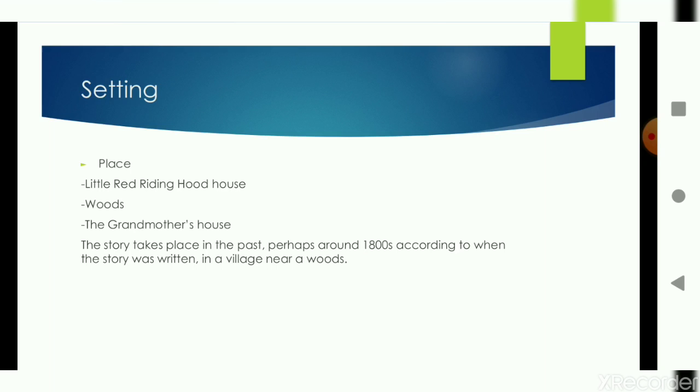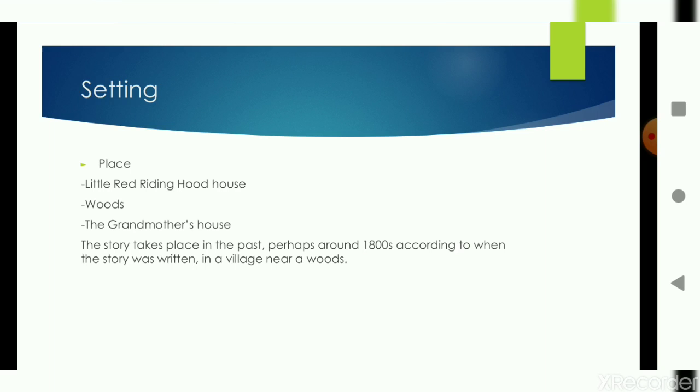Then we have the woods. The woods is mostly where the story takes place. The grandmother's house is where the conflict happened.